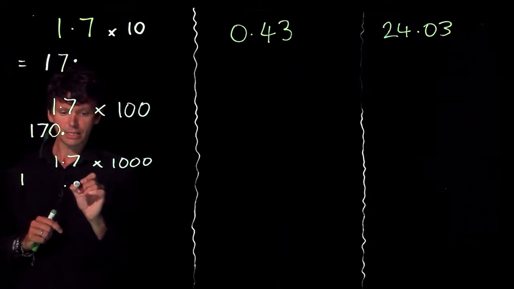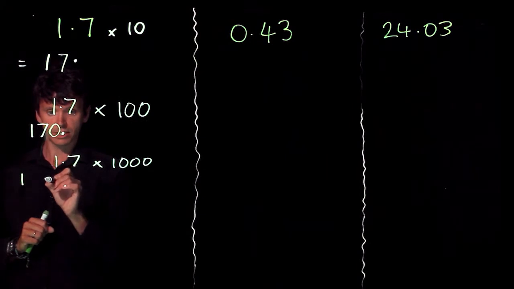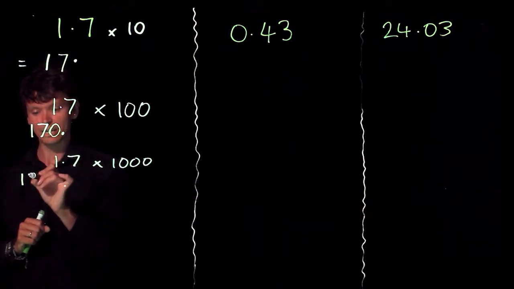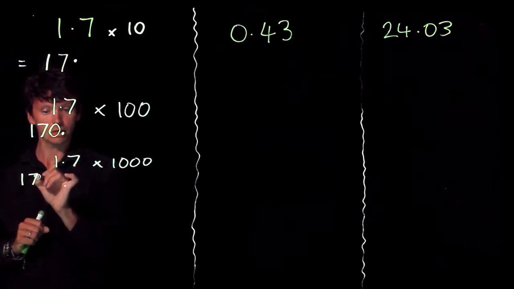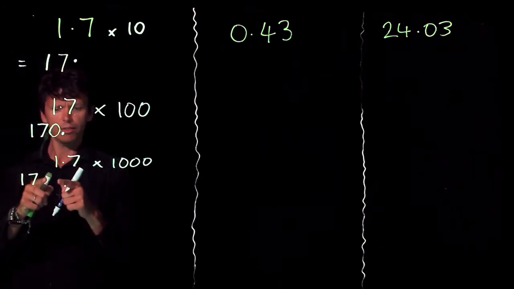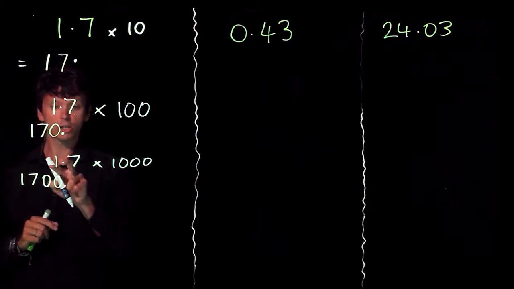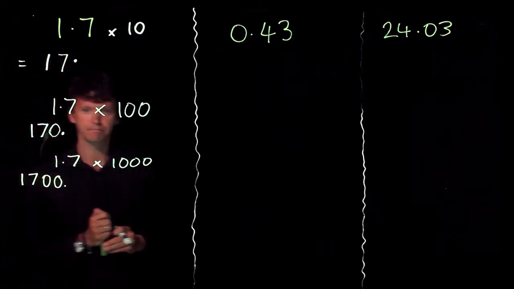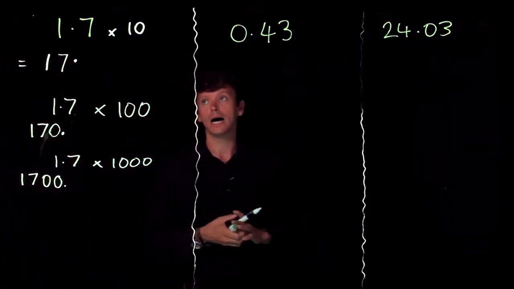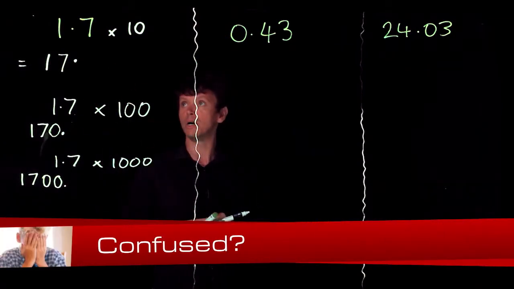The 7 moves to the left, bypassing the units and the tens, and ends up 3 places to the left of where it was, in the hundreds column. We've got nothing in the tens and nothing in the units. So 1.7 times 1,000 equals 1,700. Okay, so that's our simple one decimal place number.